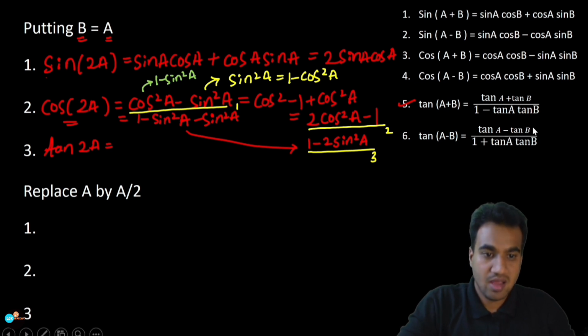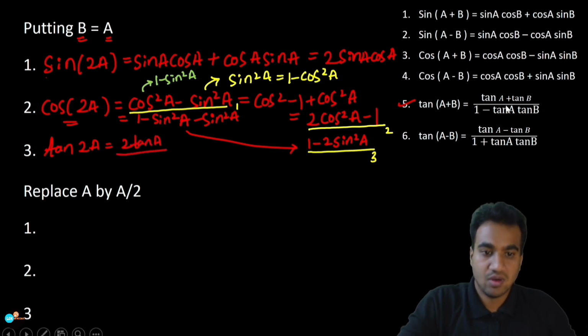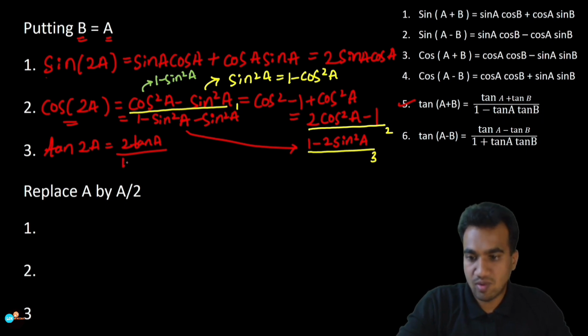Oh sorry, the numerator is tan a plus tan a, that gives you 2 tan a, divided by 1 minus tan a into tan a, that gives you 1 minus tan square a. So these are the identities for sin 2a, cos 2a and tan 2a.